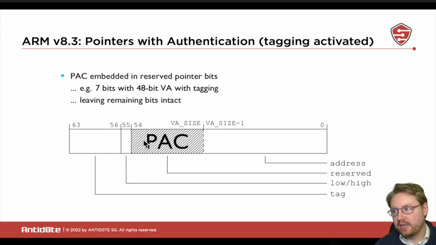So the unused bits of the pointer are those between the configurable virtual address size up to here. That is a minimum of 7 bits, but in reality in iOS and macOS, they use fewer bits for the virtual address space. So it's possible to use more bits in macOS and iOS for the PAC code, depending on the configuration of the CPU. And as you can see now, the PAC code is in the middle of the pointer.